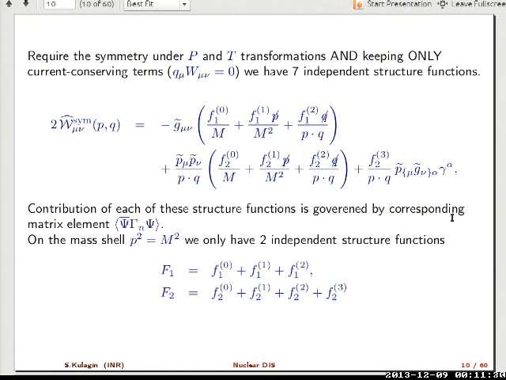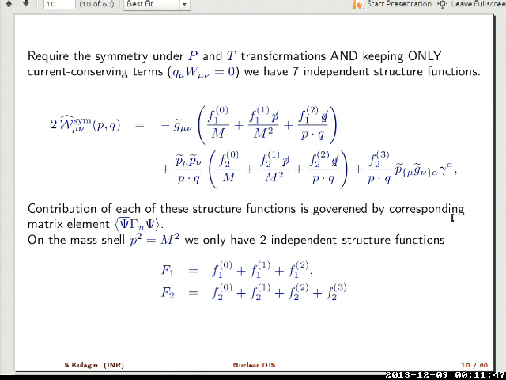But let me stay within this assumption and assume that this amplitude conserves the current, and I will try to figure out how many structure functions we could get here.